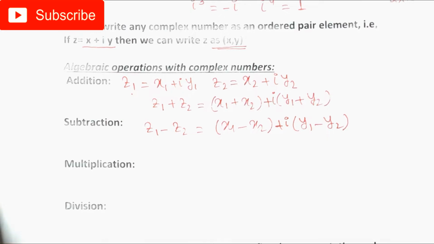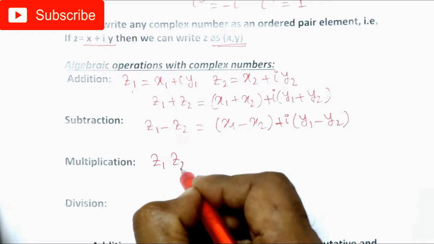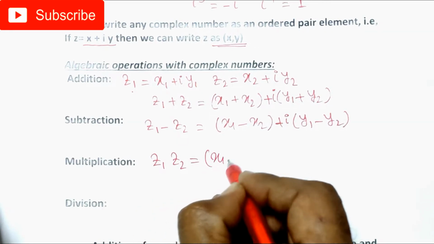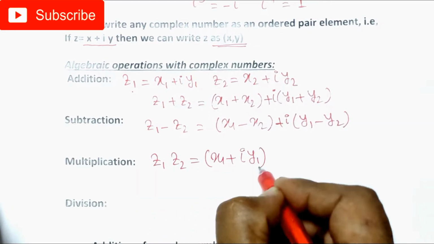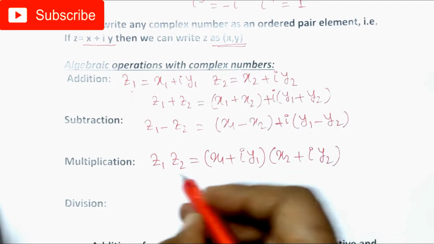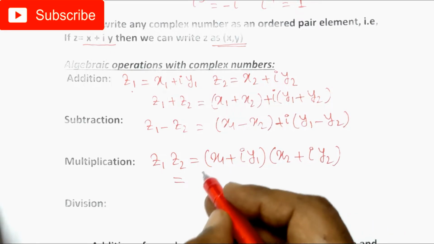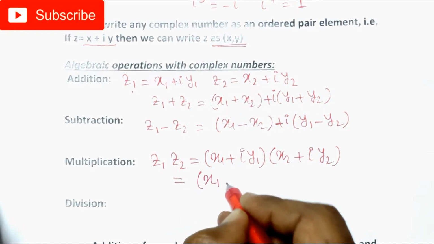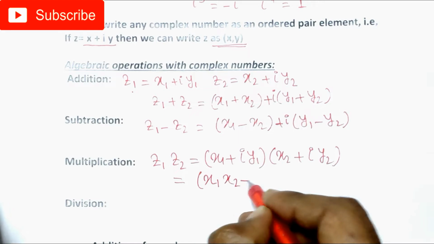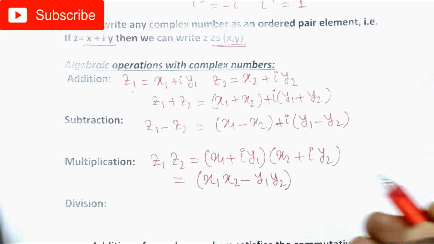Now for multiplication, if we multiply z1 into z2, that is x1 plus iota y1 into x2 plus iota y2, this gives us the product of these two complex numbers as x1 x2 minus y1 y2.